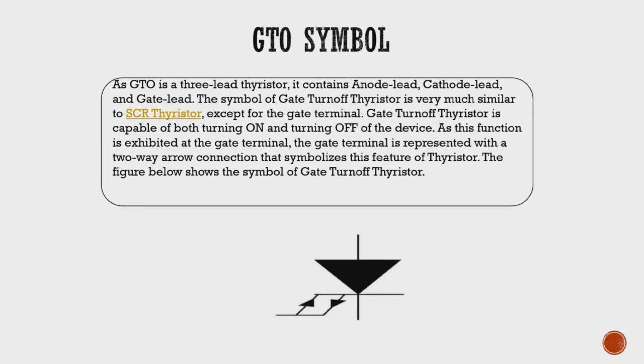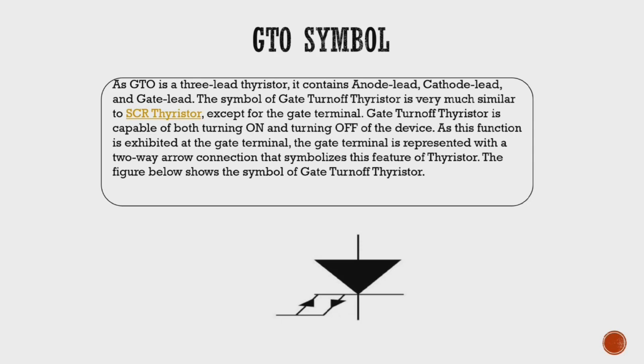GTO symbol. As GTO is a 3-lead Thyristor, it contains anode lead, cathode lead, and gate lead. The symbol of gate turn-off Thyristor is very much similar to SCR Thyristor, except for the gate terminal.